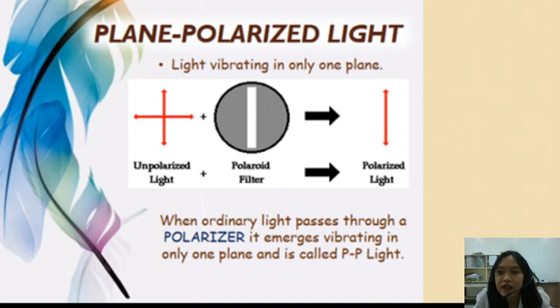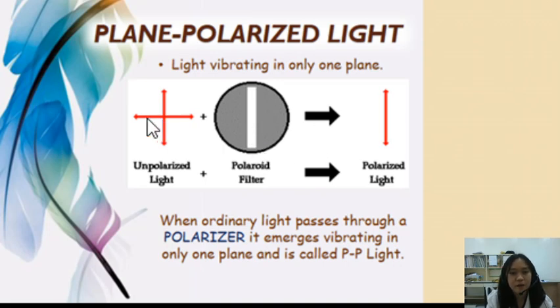Okay, so yan. Eto. Example, ito yung unpolarized light natin. Vibrating perpendicular. Diba? And then, i-add mo siya. So, the light will be passed through a Polaroid filter. Kasi yung example natin ng isang polarizer is the Polaroid filter. So, iisa lang ang plane na pwede sa ating Polaroid filter.